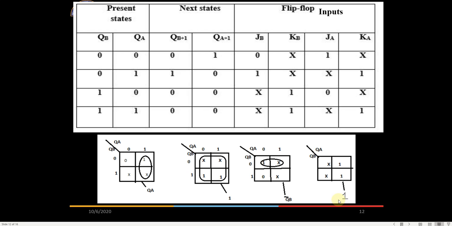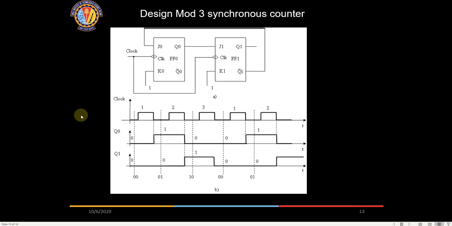Does anybody have a doubt of how to get these expressions? You make a state table, and from there you take all the 4 variables, make a K map and get the equations. Pretty simple. And now this is the implementation of that. You give a clock out here, right? 1 1, right?